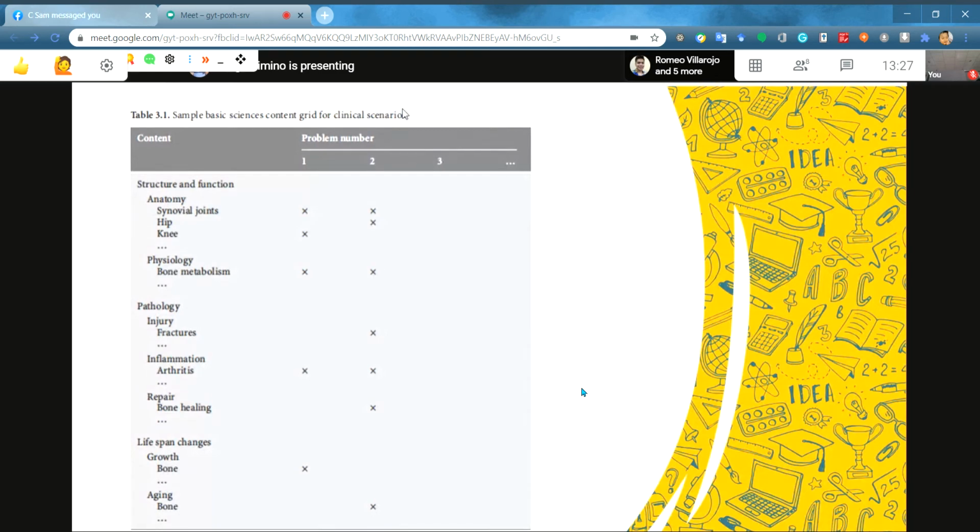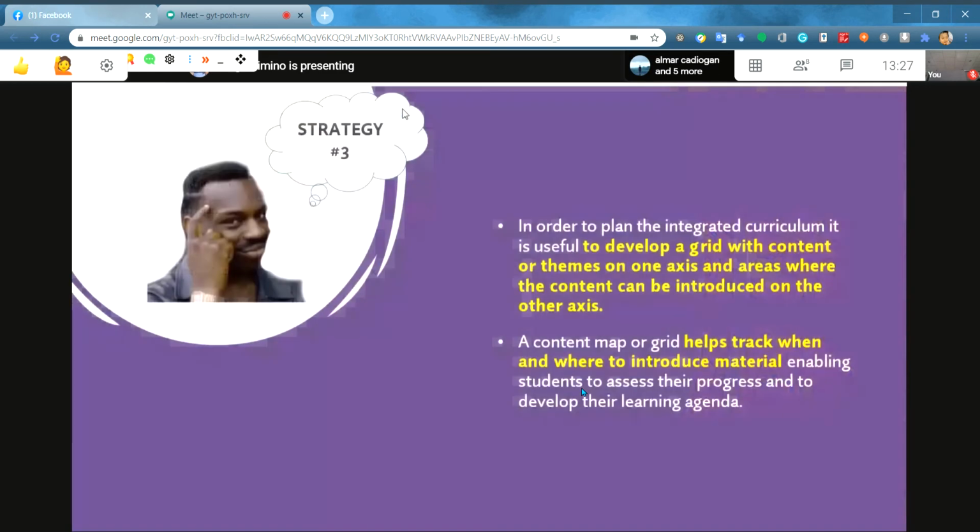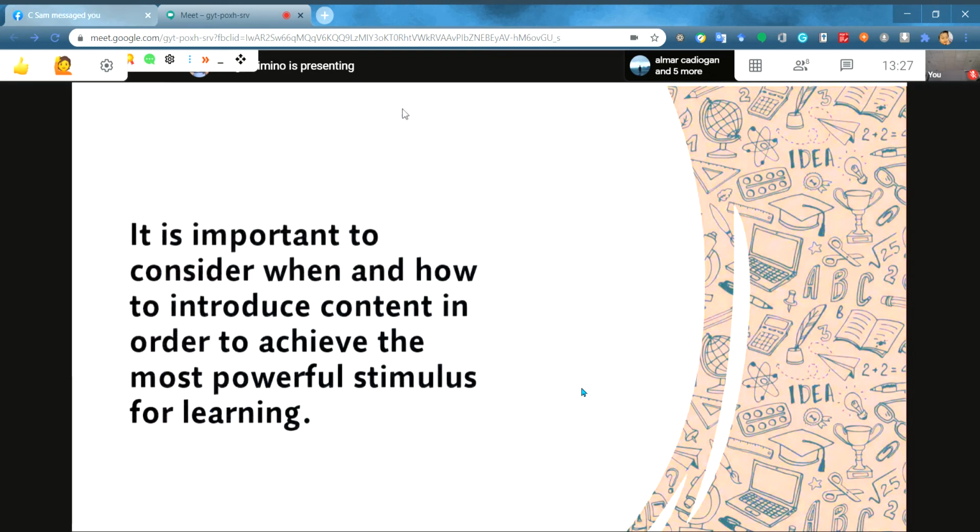Okay, so grid content map. Next, it is important to consider when and how to introduce content in order to achieve the most powerful stimulus for learning.